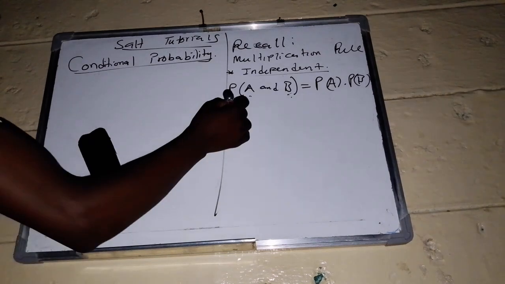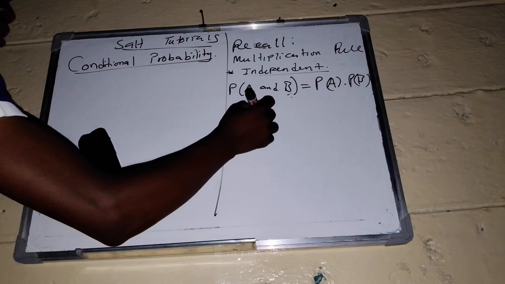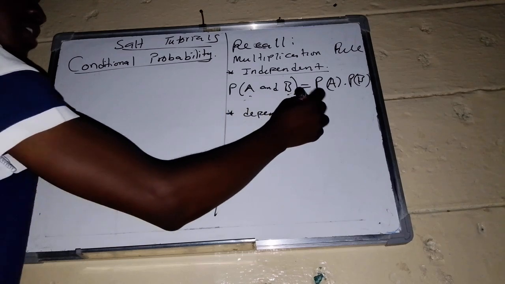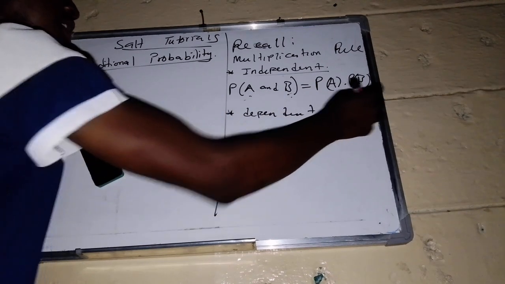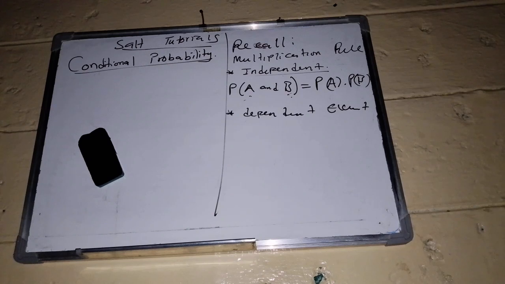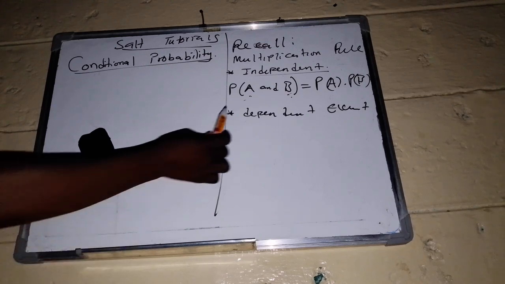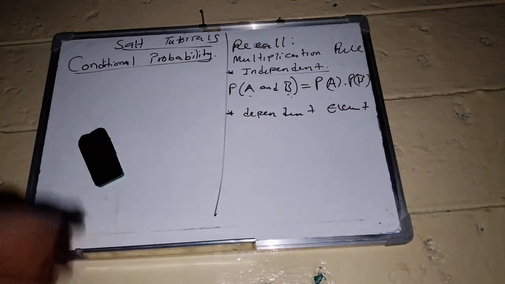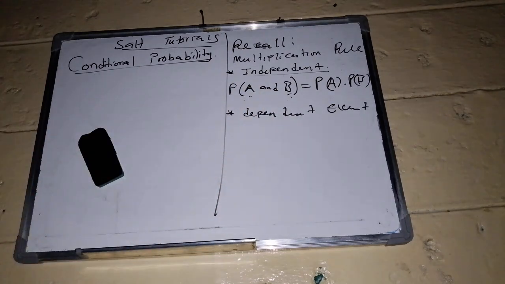But when it comes to dependent events, this is a situation whereby the probability of getting A has already affected the probability of getting B. We can give an example with certain colors of balls in a bag, like the way we did last time when we talked about a red card being drawn from a bag.